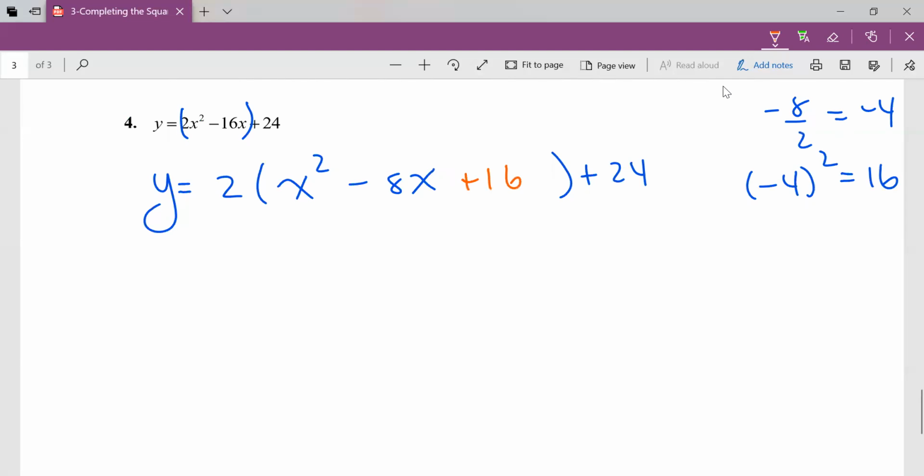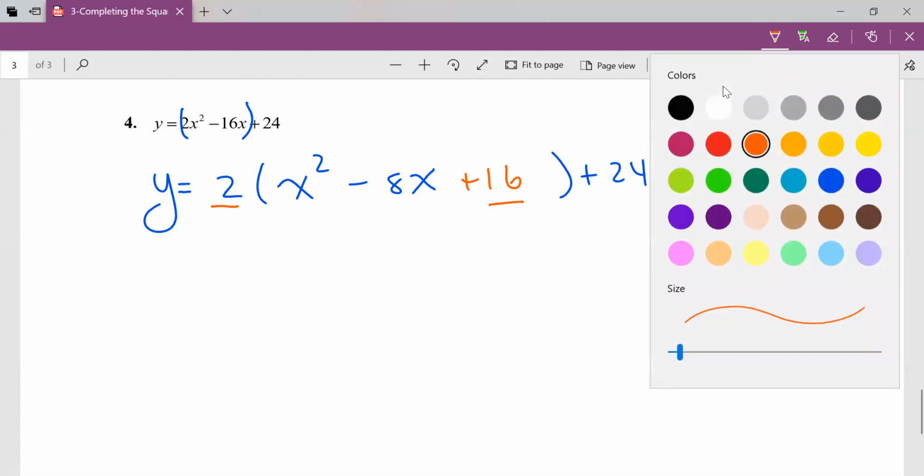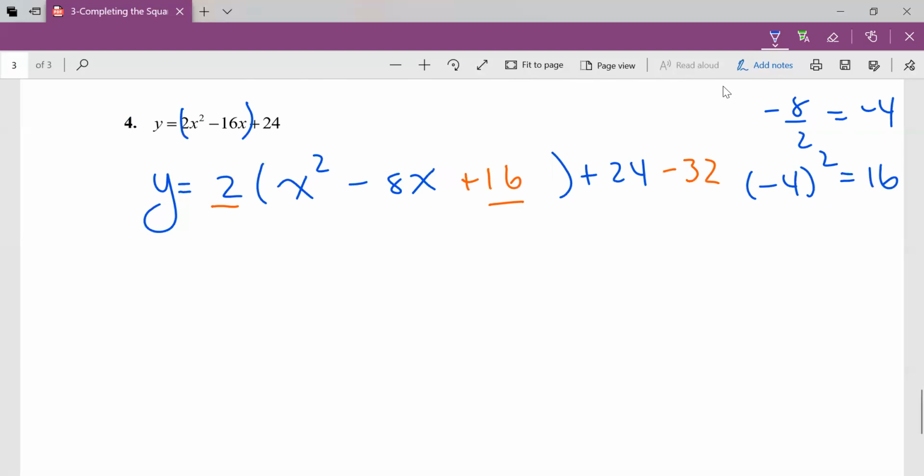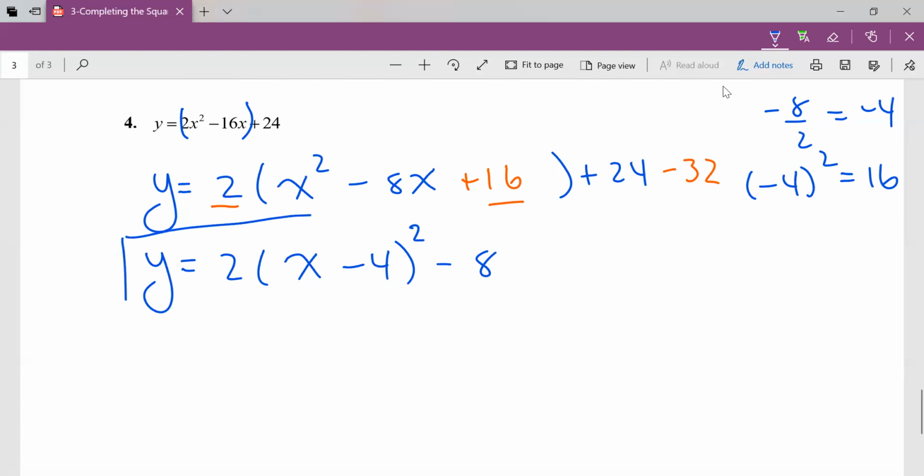This is positive 16, but I didn't just add in 16. I added in 2 times 16, which is 32. So I'm going to balance by subtracting 32. I've always got to keep an eye out for what I've factored out at the beginning. Perfect square trinomial, so x minus 4 squared minus 8.